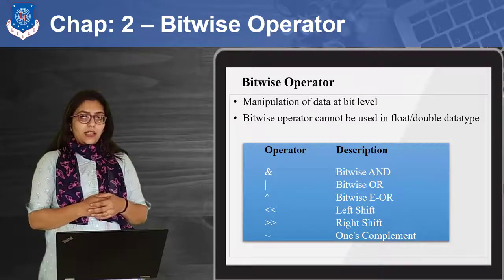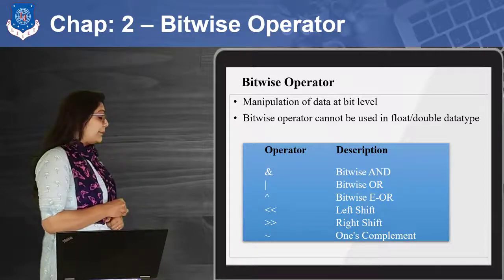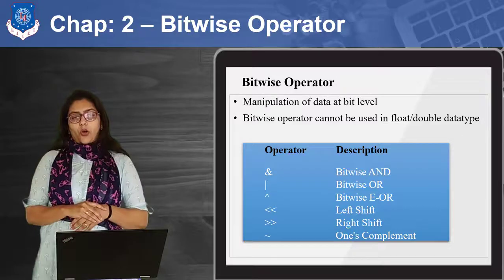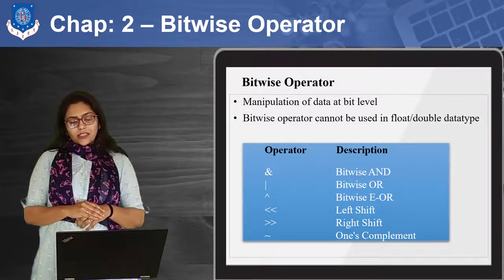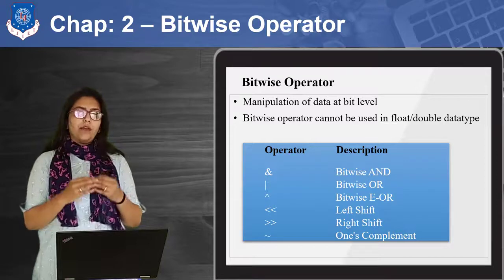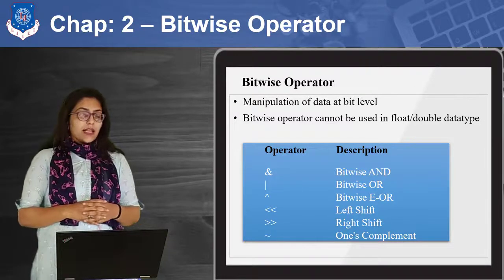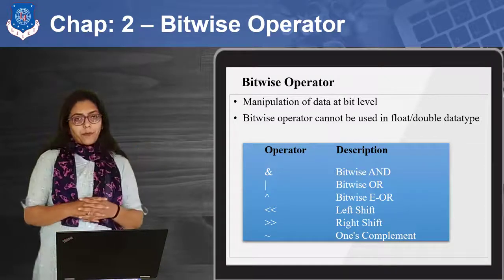You can see single &, which is the symbol of the bitwise AND operator. Then the vertical line, that is the OR operator. Then the caret sign, which is exclusive OR. If you have some knowledge about gates in physics, then you know what exactly AND, OR and exclusive OR perform.